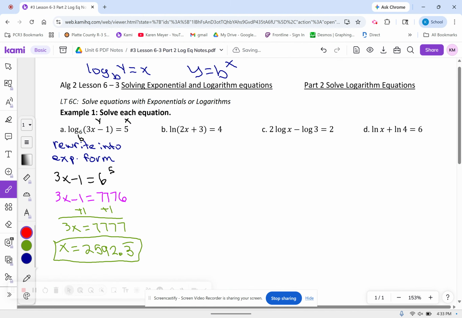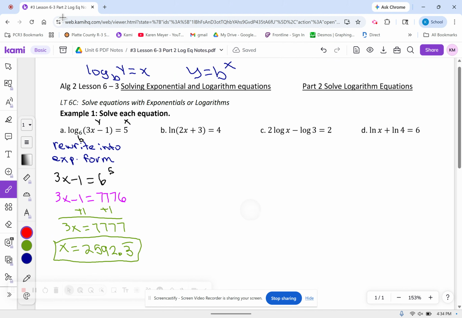Okay, for the ln, the next one. For the ln, you have to remember that the base is never listed for the ln. So what is the base for ln? Well, the base is always the letter e. So they will never put that there, but you must remember it. So I'm going to kind of draw that in for you here.